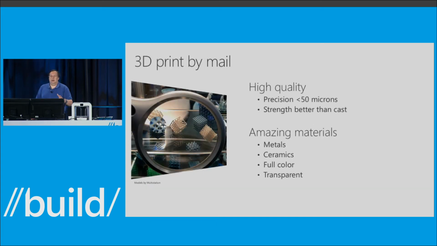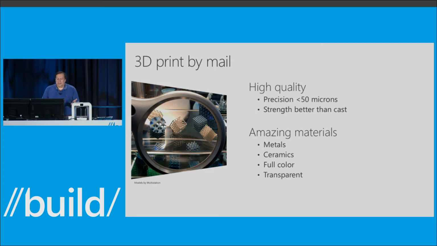3D print bureaus, as we call them, manufacturing facilities, enable those who don't have printers, those people who don't want to futz with the printers, the ability to print from their desktop and receive something much more complex. The print bureaus or the fabrication services can do very high quality parts. They can get down to 50 microns precision.